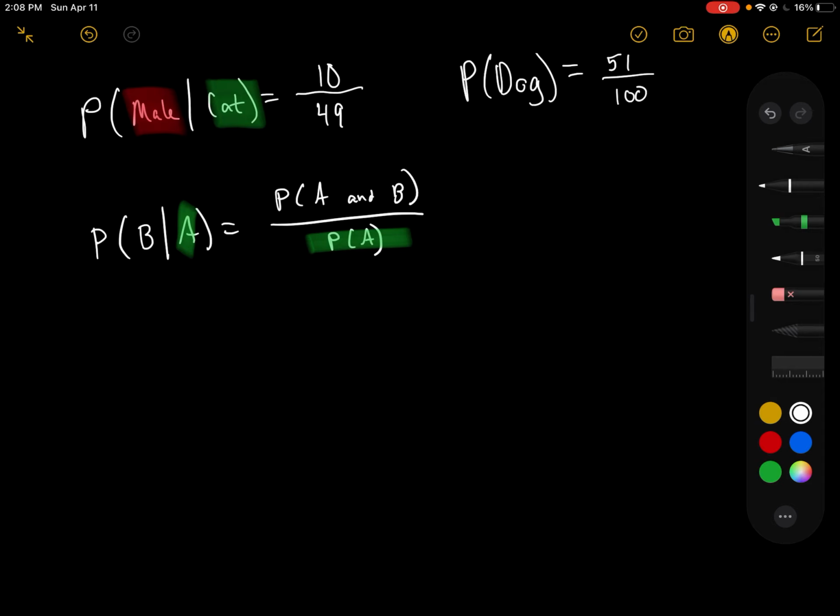So looking at an example here, we can take a look at how to go through these, which is definitely a little bit tricky.